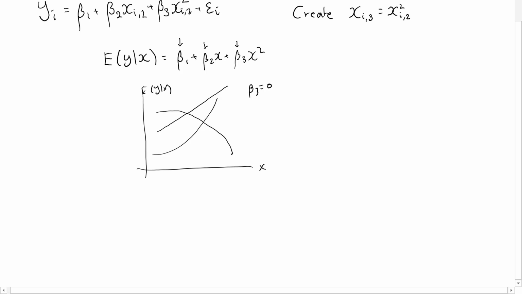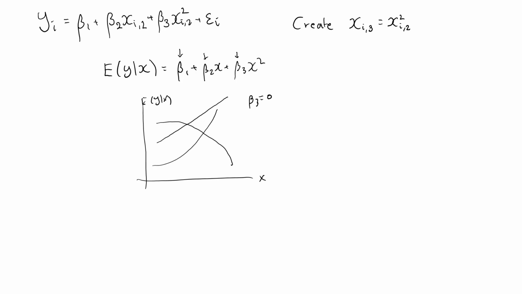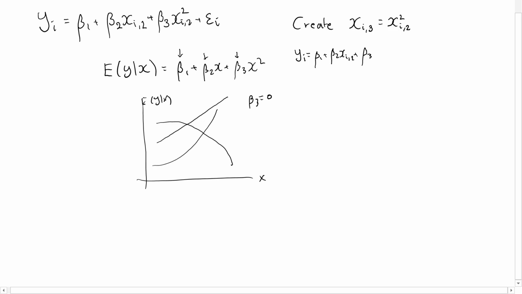Because once we have done that, our model transforms into a linear regression model which is linear in data as well. Now yi is beta 1 plus beta 2 xi2 plus beta 3 xi3 plus epsilon i, and there are no nonlinearities. So I can just simply estimate these parameters using OLS.